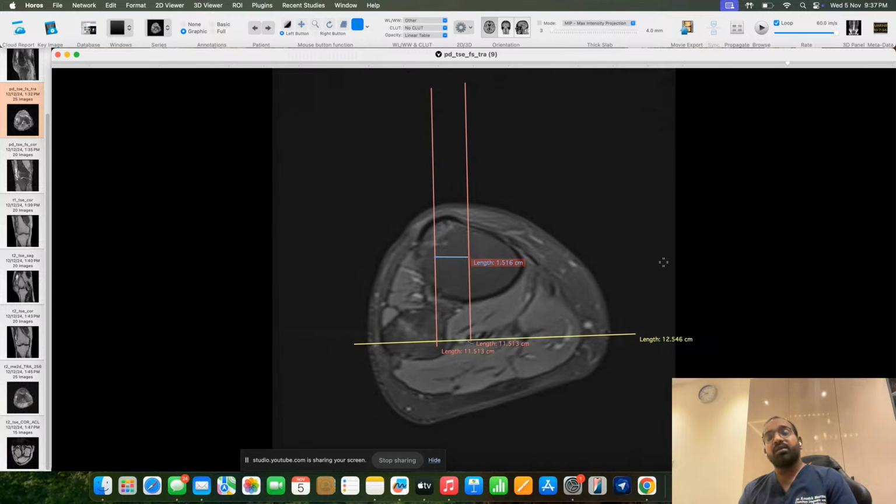On MRI, 12 to 13 itself is my cutoff. So a TT-TG distance of up to 12 or 13 on an MRI is normal. 13 here is borderline.